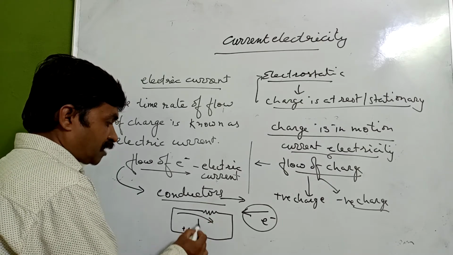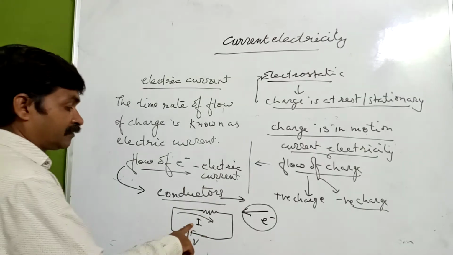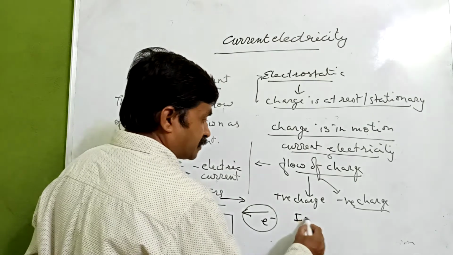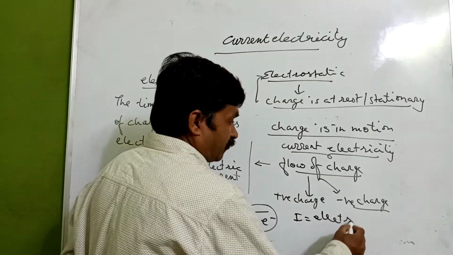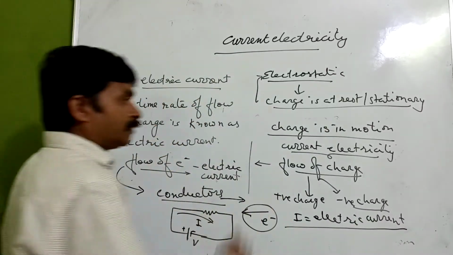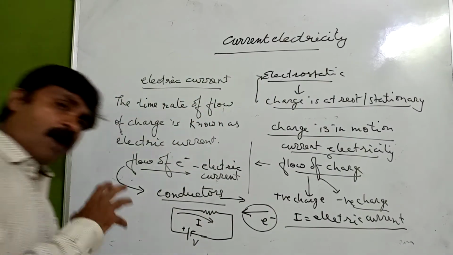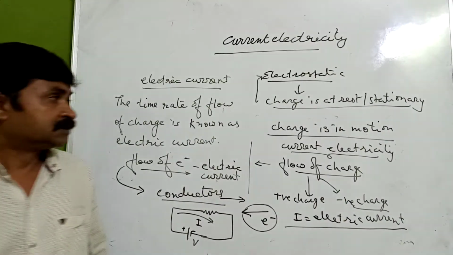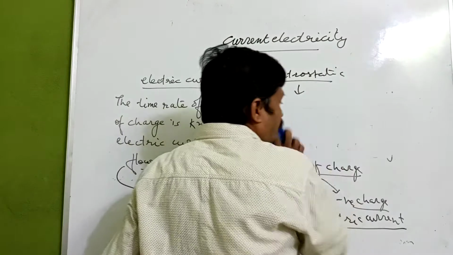This flow of charge we call a current, and we denote it by I. I is denoted for electric current. So, the time rate of flow of charge.